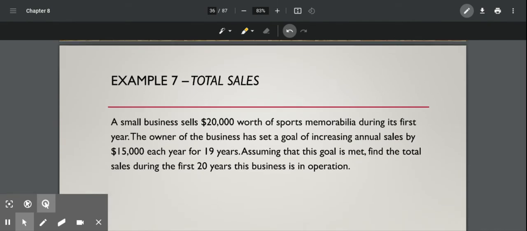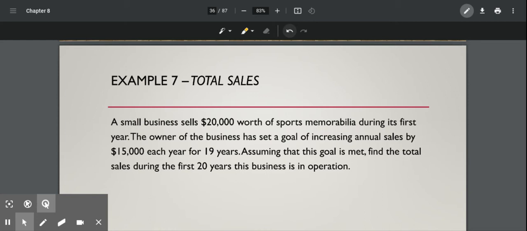So in example 7, we're going to look at total sales. It says a small business sells $20,000 worth of sports memorabilia during its first year. The owner of the business has set a goal of increasing annual sales by $15,000 each year for 19 years. Assuming that this goal is met, find the total sales during the first 20 years of business.